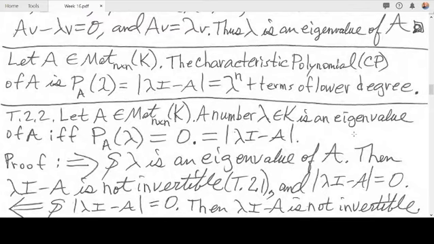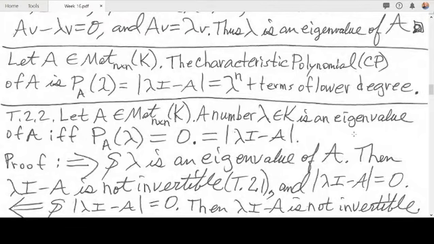It turns out that this determinant is always equal to a polynomial having the format lambda to the power n plus terms of lower degree with leading coefficient 1. Okay, theorem 2-2.